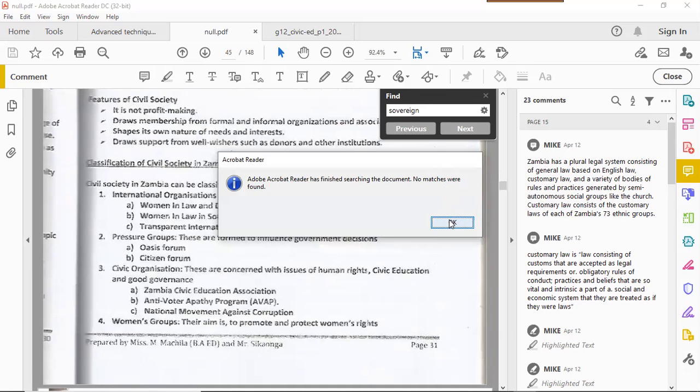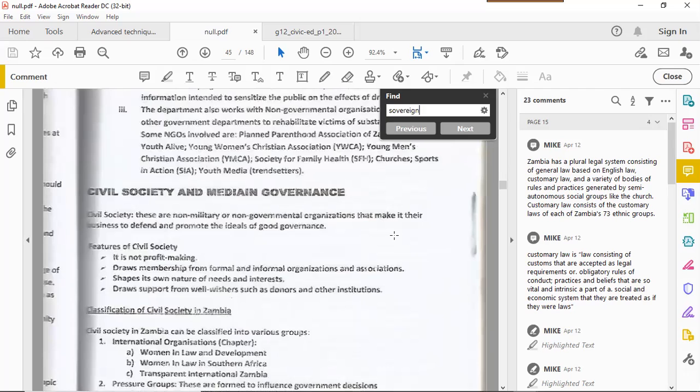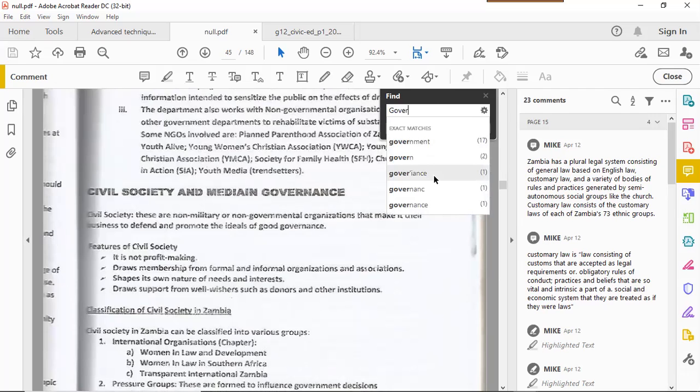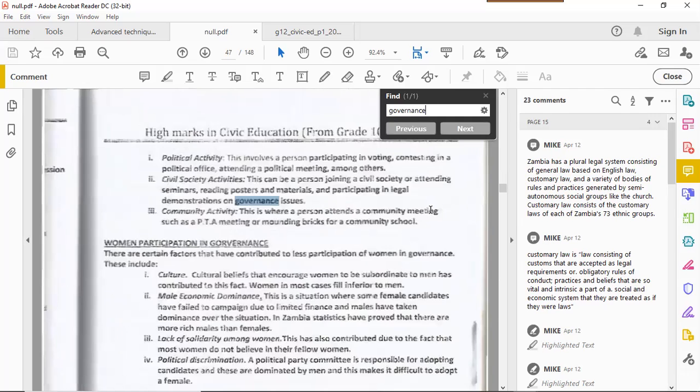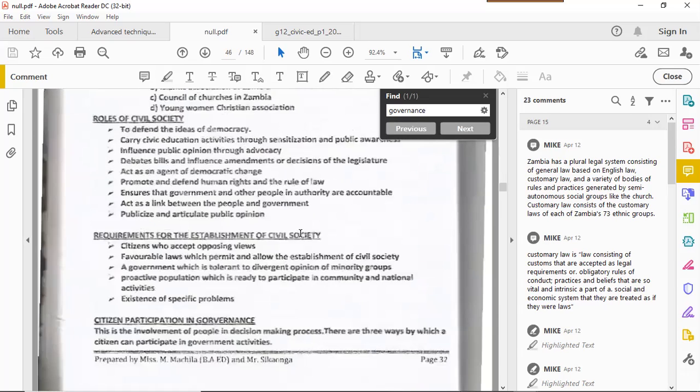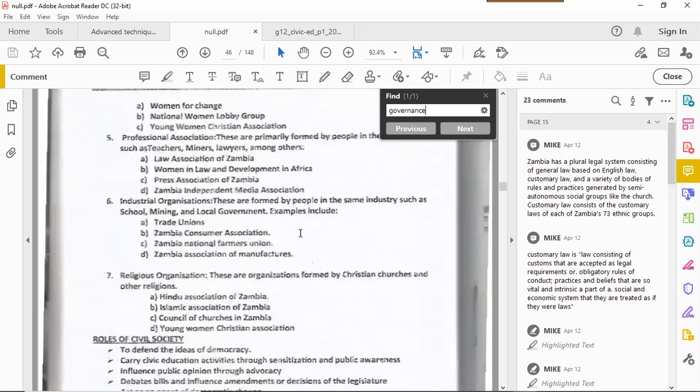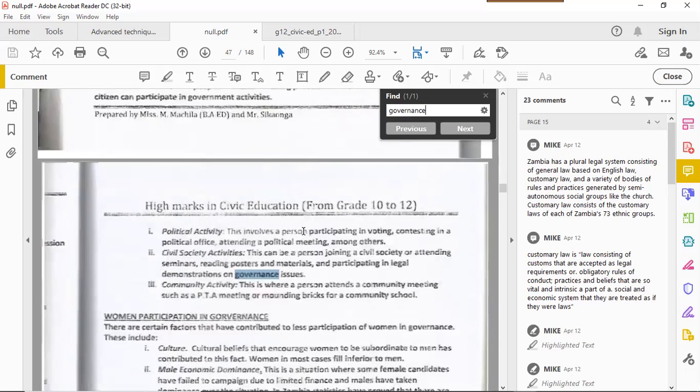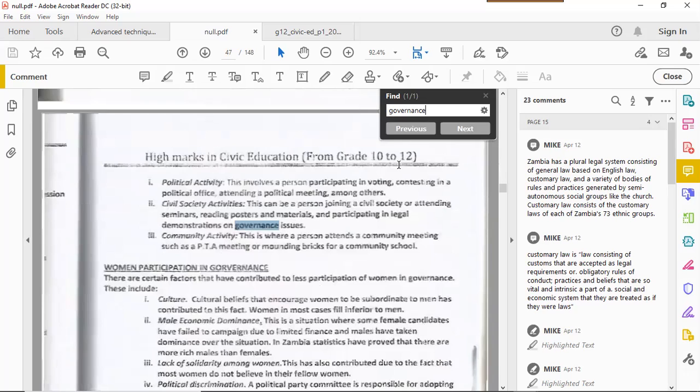So it's supposed to bring the results of, okay, what if we type... actually this was under governance. Anyway, let's move on with the first paper.